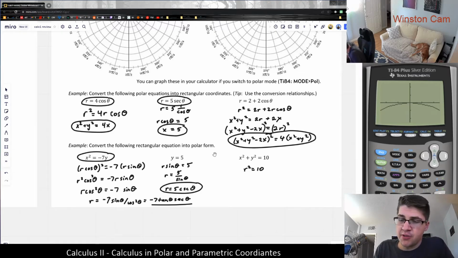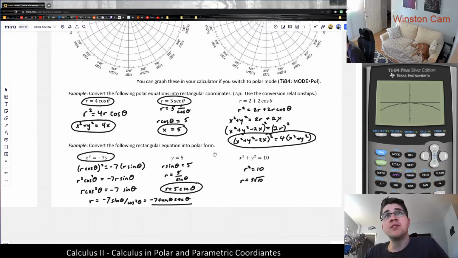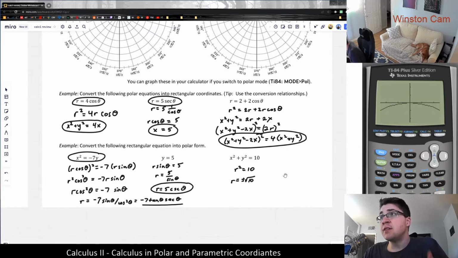If we were to solve for r as we need to, we get that r is equal to plus or minus the square root of 10 as the polar form of this equation, where you could use positive or negative. It's going to be the same equation regardless, because it's that of a circle of radius root 10.